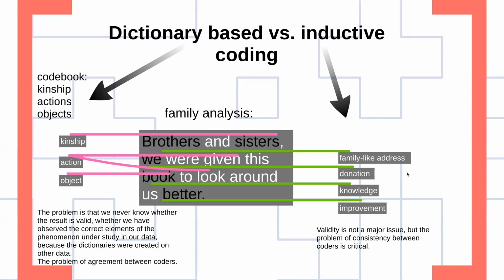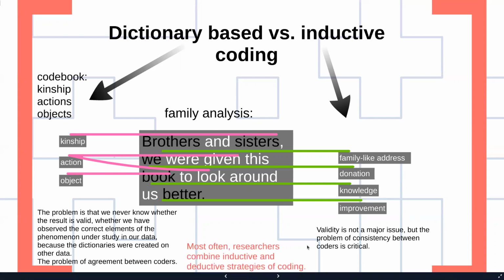So the result is that researchers often combine these two types of coding, dictionary-based and inductive. They may start with the code book, and if the code book is not working well, they add some categories.